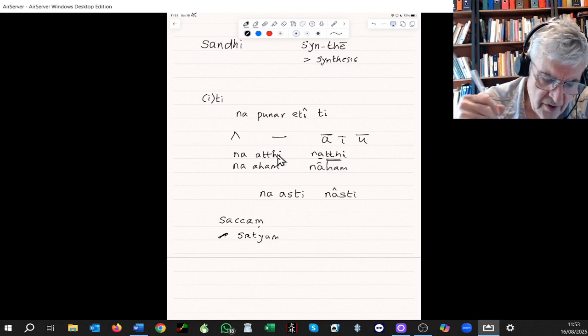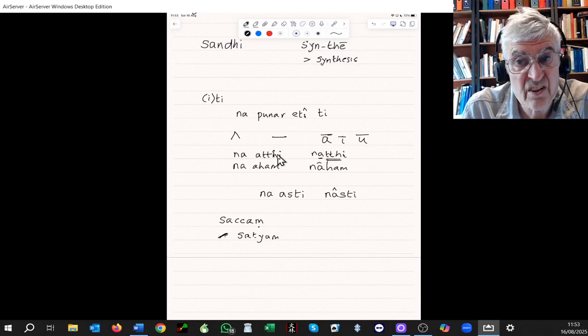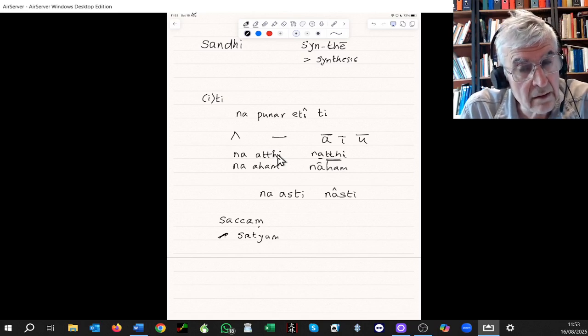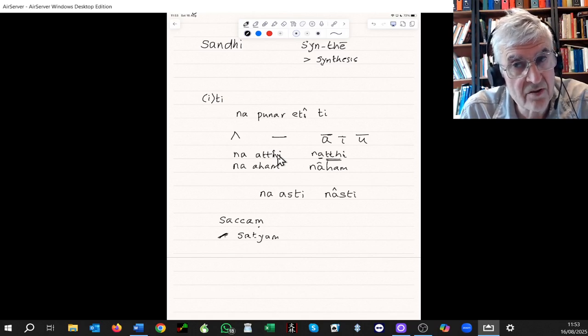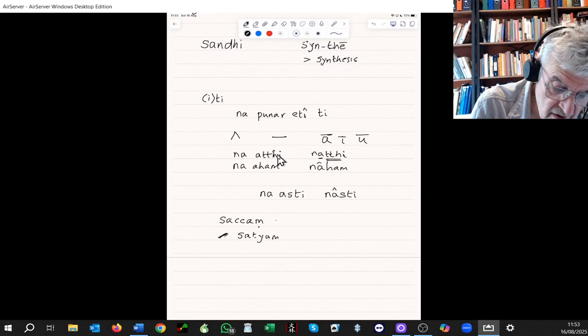It now is going to be followed by a word beginning with a palatal, a ch sound. It's called a palatal because the tongue is not against the teeth and it's not curled back, retroflex. It's on the hard palate just behind, ch, ch. So let's switch to satyang. You can write satyangcha in two different ways.